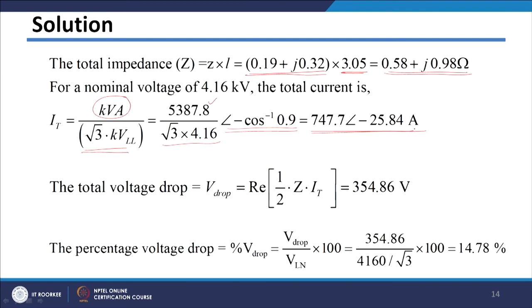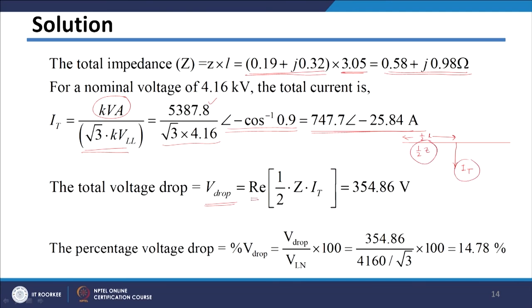So, total voltage drop V drop across the full feeder length will be, we have seen that in case of rectangular configuration, to calculate voltage drop we can lump total load, total current, at 1/2 distance, 1/2 L. So, we have to take 1/2 Z multiplied by this IT, and real part of it will be nothing but voltage drop.